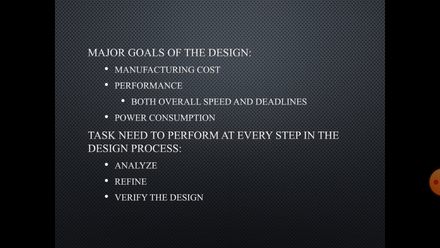We must analyze the design at each step to determine how we can meet the specification. Second one is refine. We must then refine the design to add details. Third, verify the design. We must verify the design to ensure that it still meets all system goals such as cost, speed, etc. that are given by the clients.